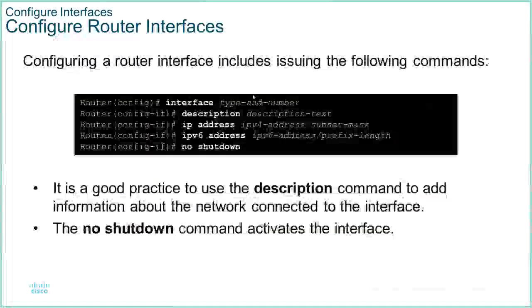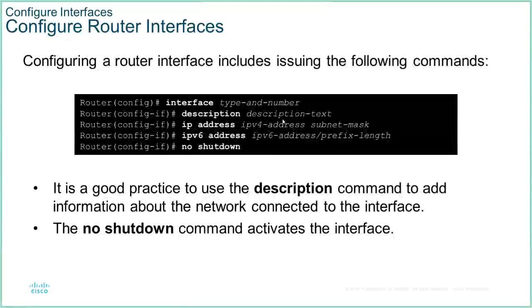So that's what you would type up here, would be gig GI 00, and then the description. It's recommended that you put a comment saying what that interface is used for. So connection to ISP, or connection to the 150 network, or whatever it is.